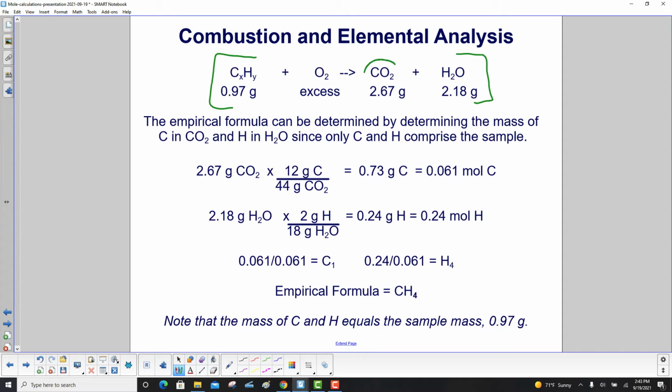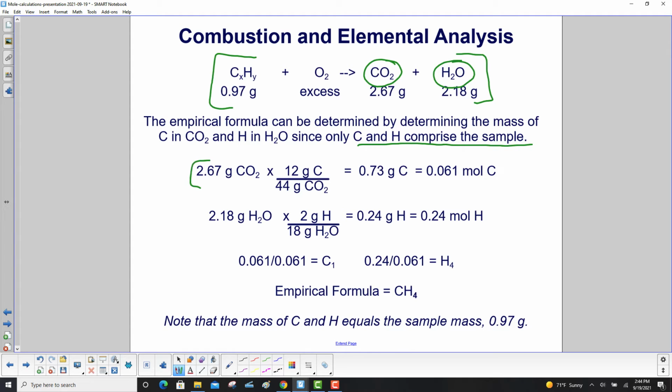Now we could get the measurement of the carbon dioxide mass and water mass by how much the mass of those trappers increased, right? The increase would be due to carbon dioxide and water, depending on which tube you are in. The empirical formula can be determined by determining the mass of carbon in CO2 and hydrogen in water, since in this case our sample is only carbon and hydrogen.